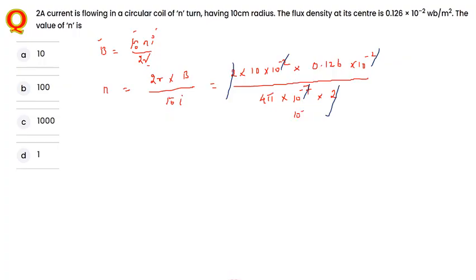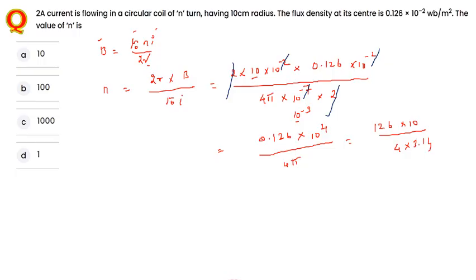Now what are the terms there? 10 is there and 0.126 is there. 0.126 into 10, plus this 10 power minus 3 will come to the numerator as 10 power plus 3, and all the 10s added together give 10 power 4, divided by 4 pi. Now here this is 126 into 10, that is 10 into 10, divided by 4 into 3.14.